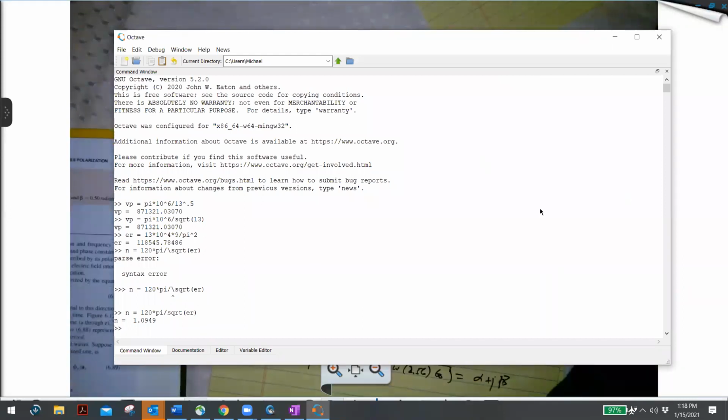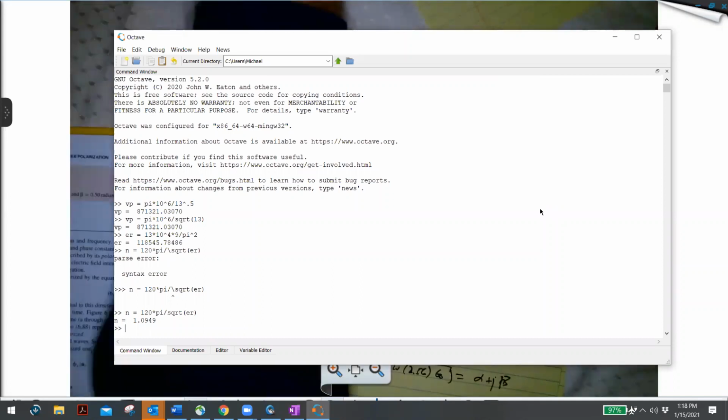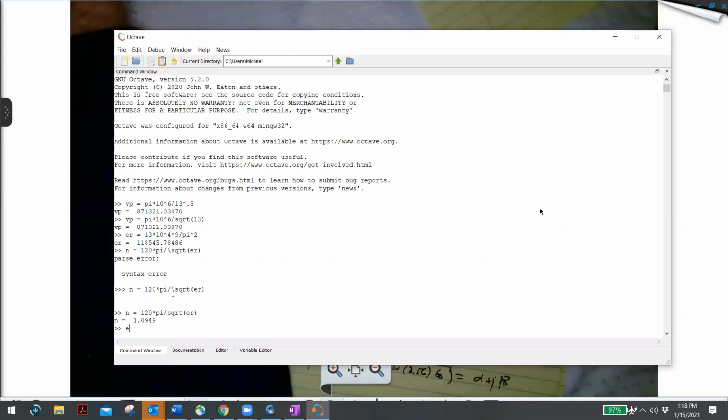And this is, again, Octave. So I'm going to put epsilon naught is equal to 8.854 times 10 to the minus 9th. Sorry, wrong thing, it's got to be minus 12. And then I'm going to say that mu naught is equal to 4 times pi times 1e to the minus 7th.